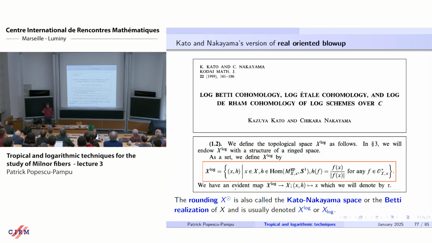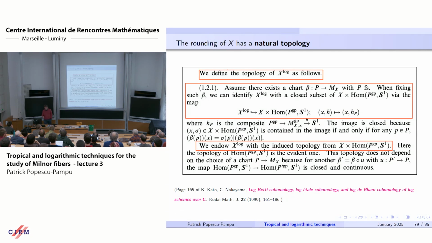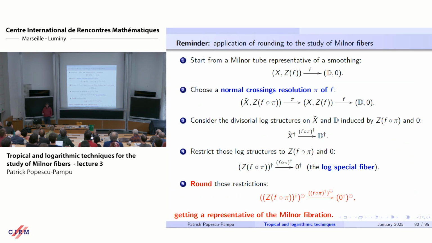So very rapidly, for those interested, you will see extracts from the foundational paper which defines rounding, as I explained to you. That's why rounding is also called Kato-Nakayama space or Betti realization. I jump over this, and here at the end, I recall the way to study Milnor fibers using log geometry.